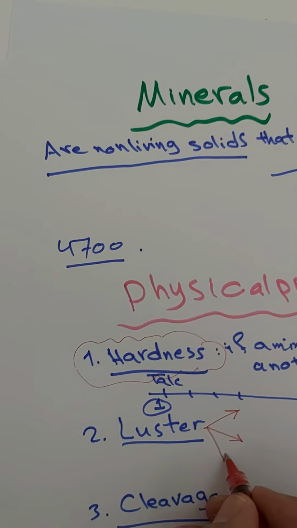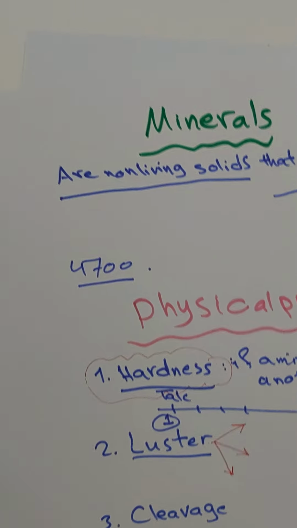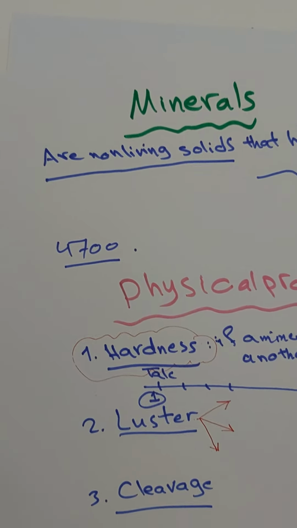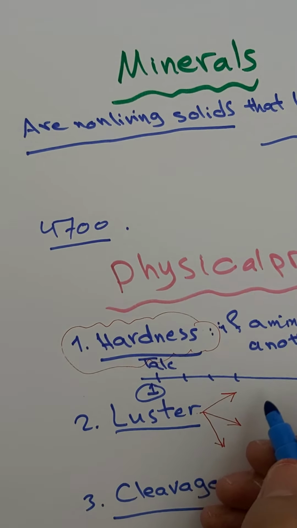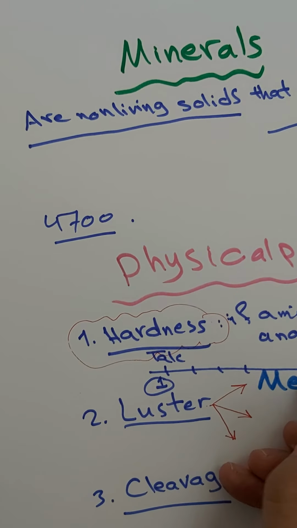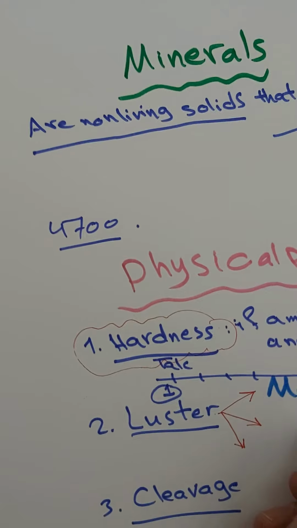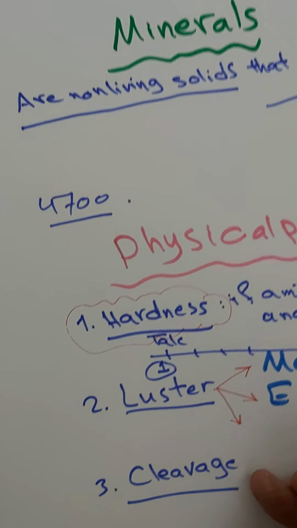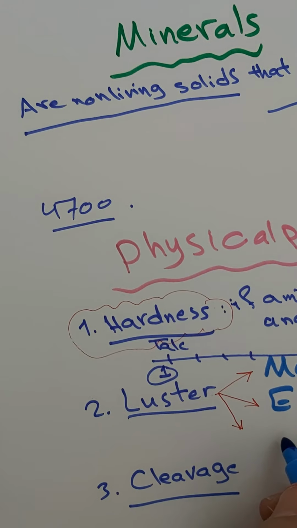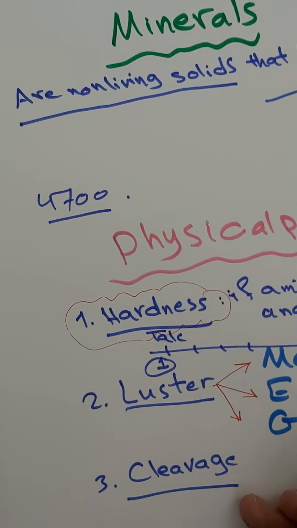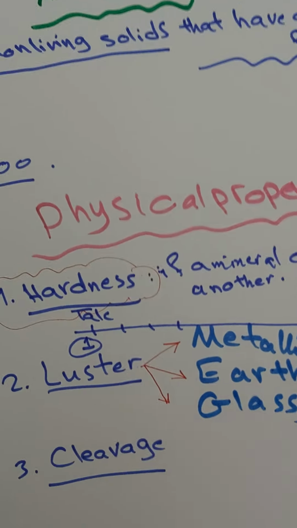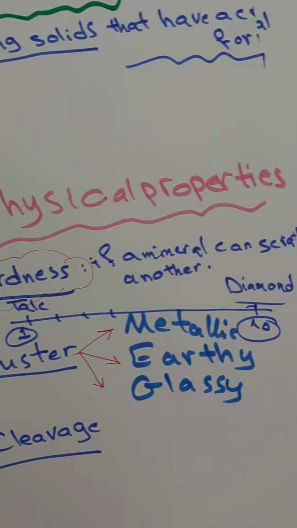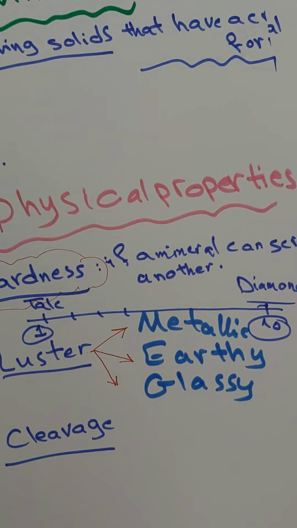So we can classify minerals into 3 different groups. The first group, we call it metallic. The second one, earthy. And the last one, glassy. So, if the mineral is very bright, we say it has metallic luster.